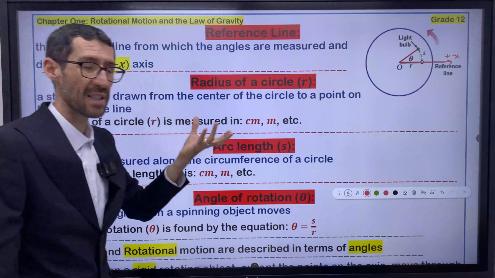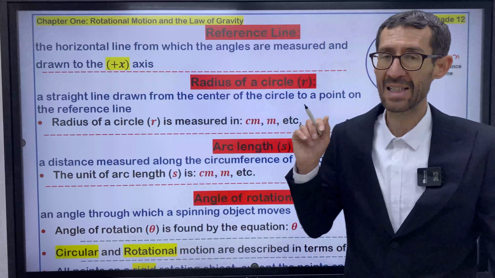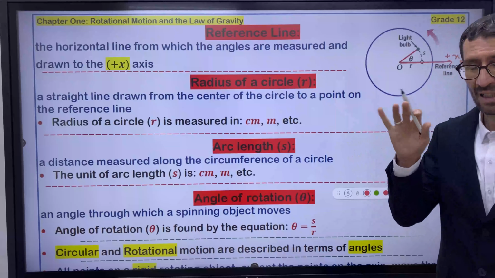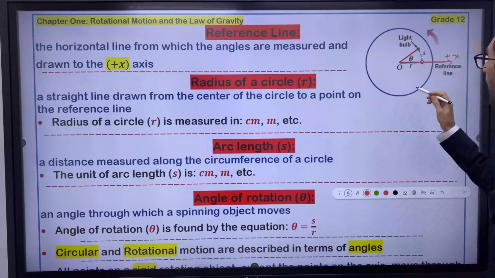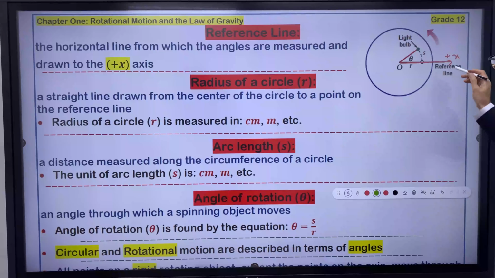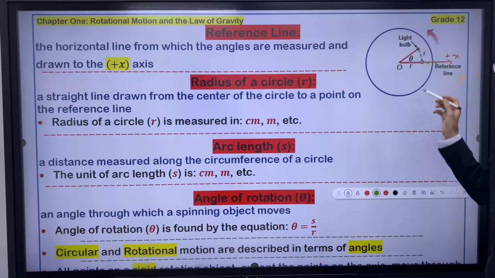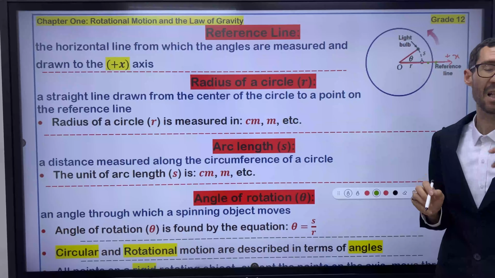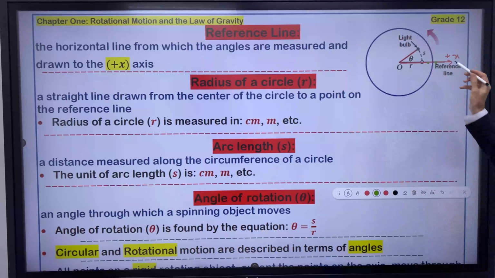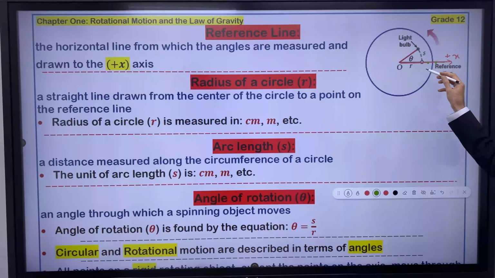If you have a point on the reference line, for example, this point has a 0 angle because the reference line itself is the 0 level. Any point here has a theta of 0.